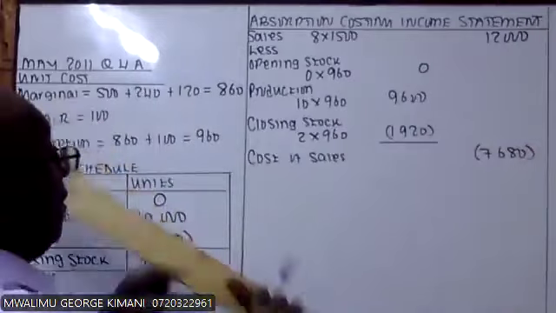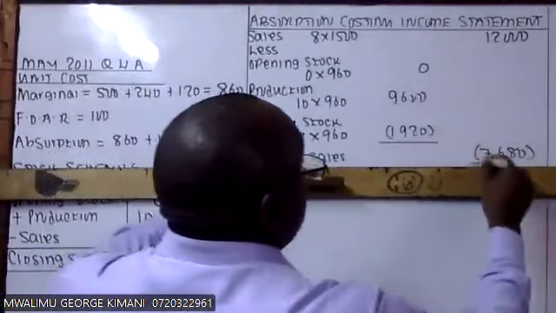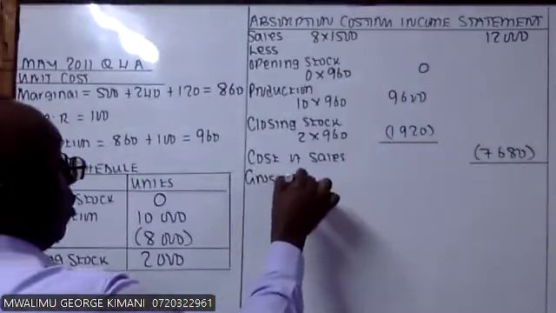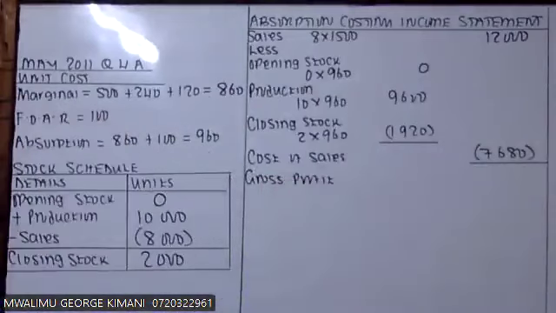When you subtract from there, the answer you get is called gross profit.